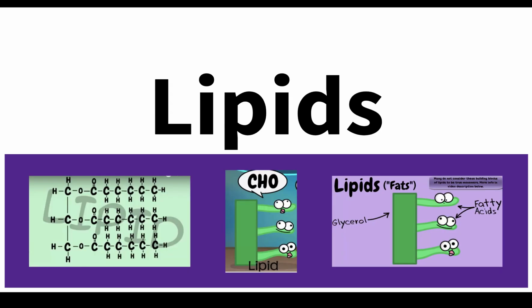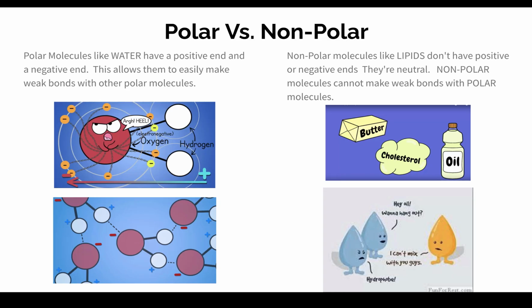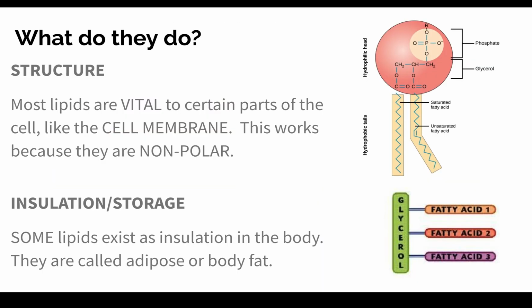Okay, so brings us back to lipids. Lipids are fats. Okay, so we're going to skip over polar, nonpolar for a little bit. We'll probably come back to that a little bit later. But the big idea of lipids is structure. Okay, structure and insulation. Most lipids are vital to certain parts of the cell, like the cell membrane. Okay, the cell membrane is completely made up of lipids.